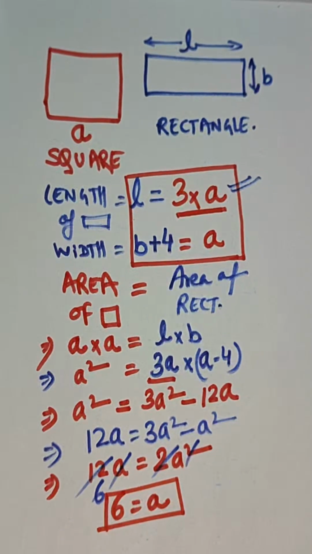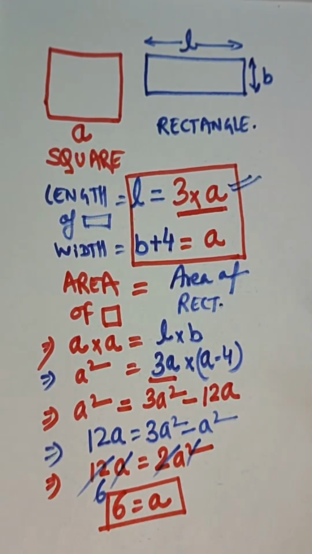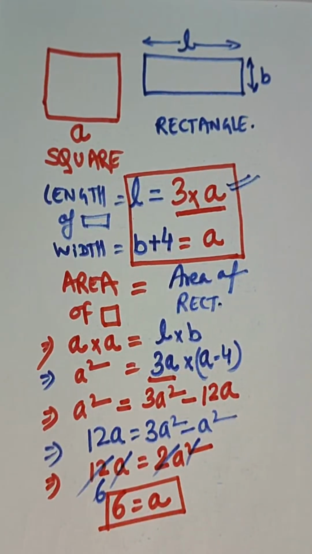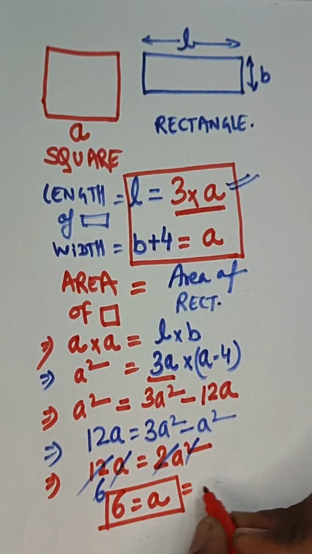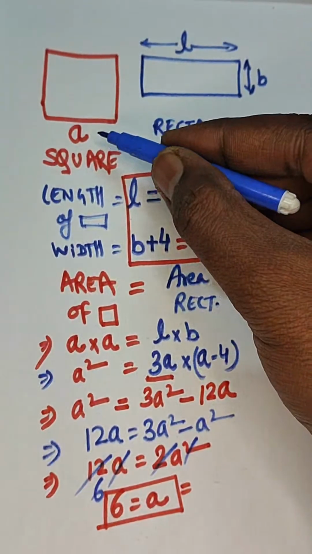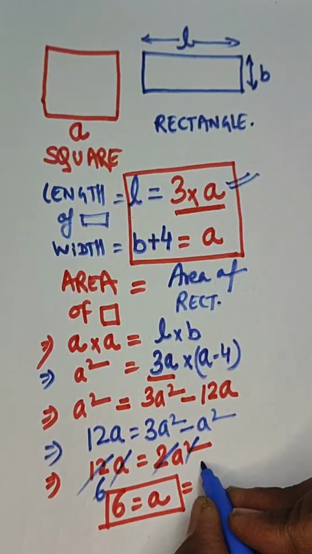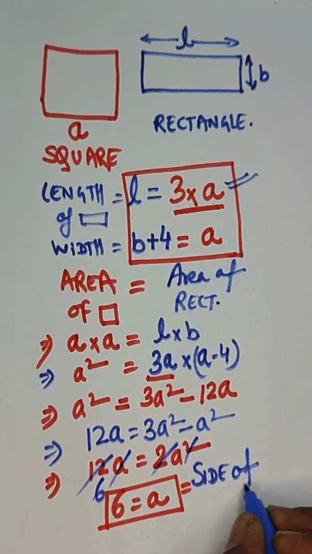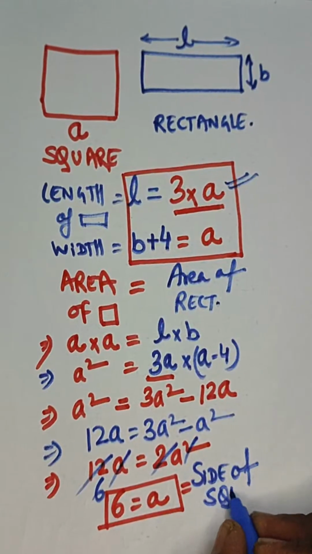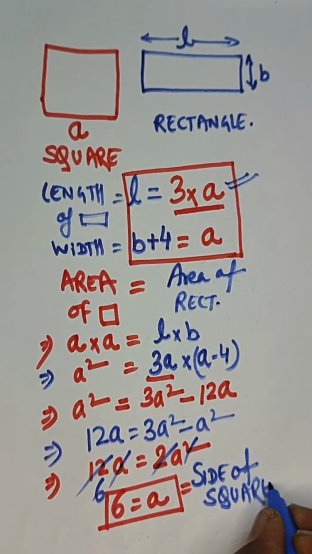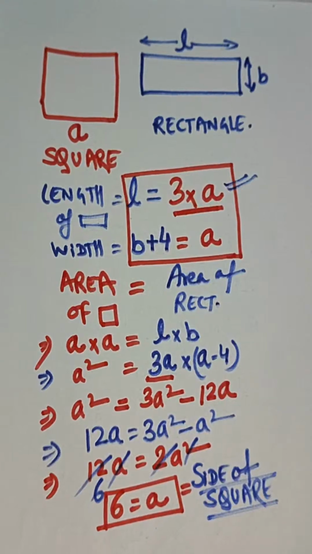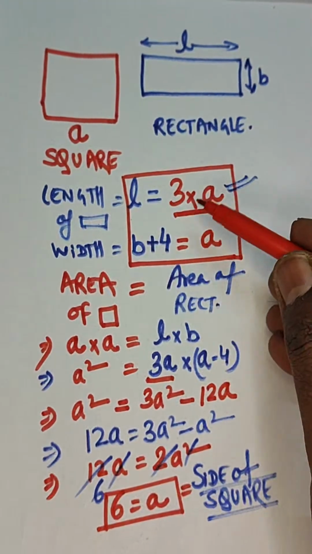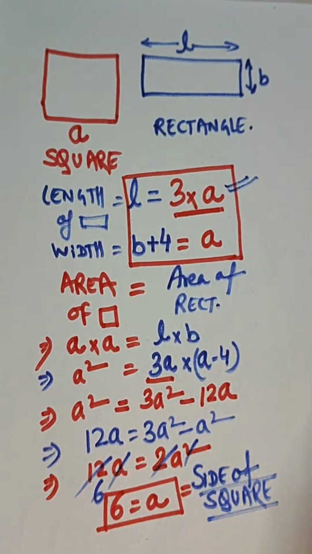So my dear friends, with this we need to find the dimensions. The side of the square is a, so we got the dimension of the square. Now what is the dimension of the rectangle, my dear friends? 3a and b.